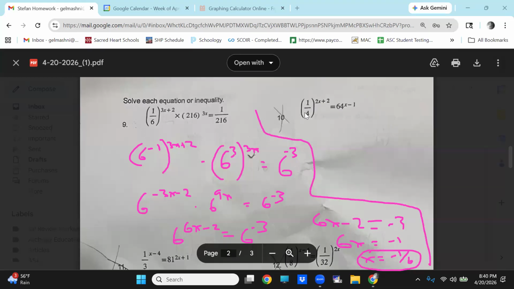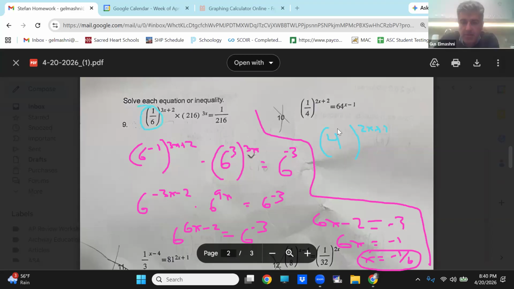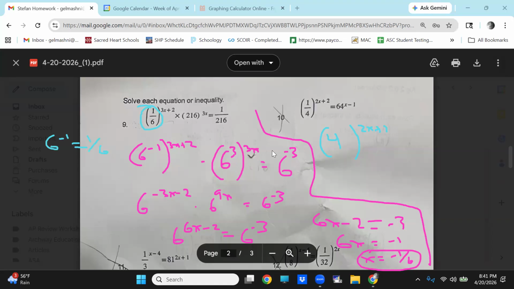So 1/4 is 4 to what power? Just like we did for 1/6, you're flipping it. What do you do when you flip? Remember, 6 to -1. Anything raised to -1 is, it's -1. That's all.